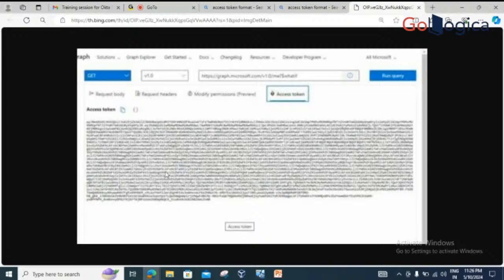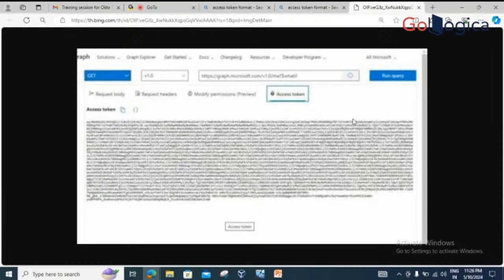String basically means data type. The data type string means anything, like numeric digits, letters, special characters, all the things. So that is the complete, bigger length of the access token.